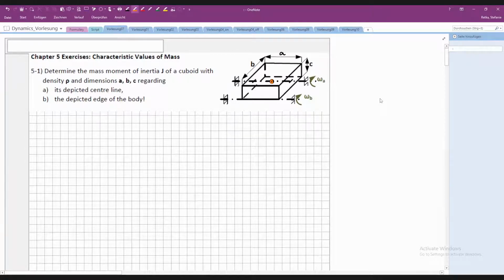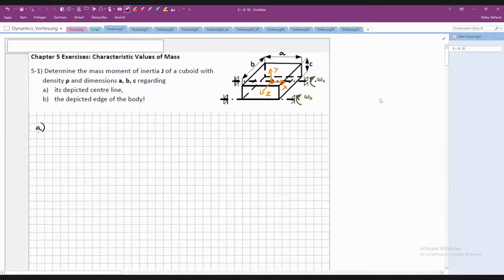And then we have x-axis, y-axis, and z-axis according to the direction of our box, parallel to length A, to B, and to C. X, Y, and Z. Now, in case A, we want to consider the rotation about the center of gravity, about the x-axis.